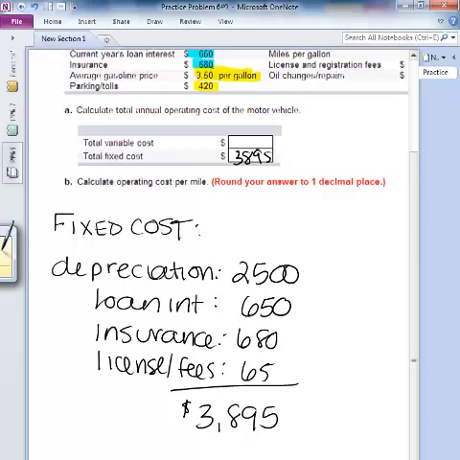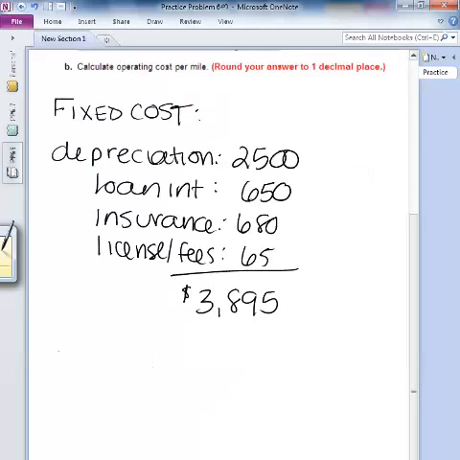For variable costs, it's a little bit more work. I have to be a little more careful. So my oil changes and repairs and my parking and tolls.